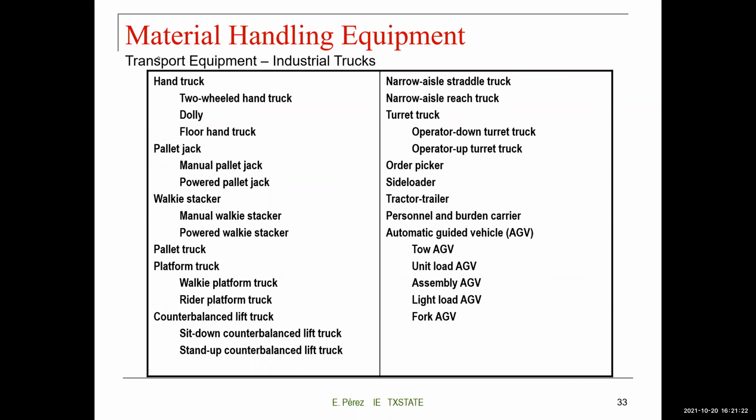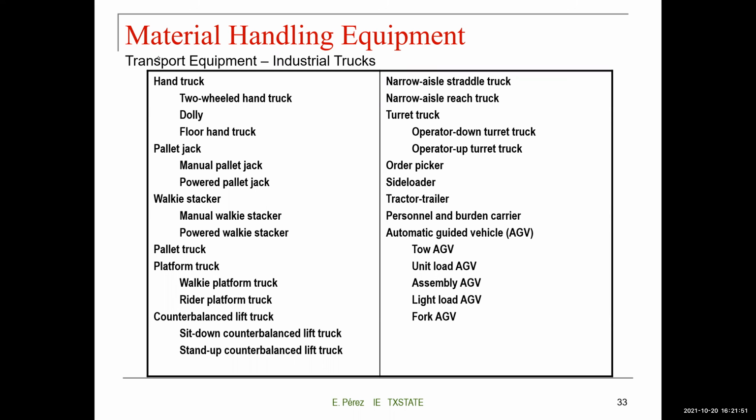So industrial trucks, here's the list of different types of industrial trucks. So the hand truck, like the dolly, those are common. If you need to move something at home, most likely that's what you're going to use. Like if you need to move a refrigerator or another thing. The pallet jack, this you will see in the supermarkets.